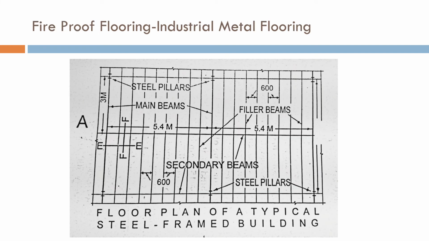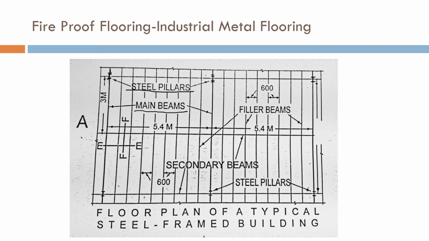Now this is the plan to a structural steel floor, fireproof flooring or industrial metal flooring. So these are I sections which you see here, which has been denoted by steel pillars. These are the main beams which you see here over the columns.